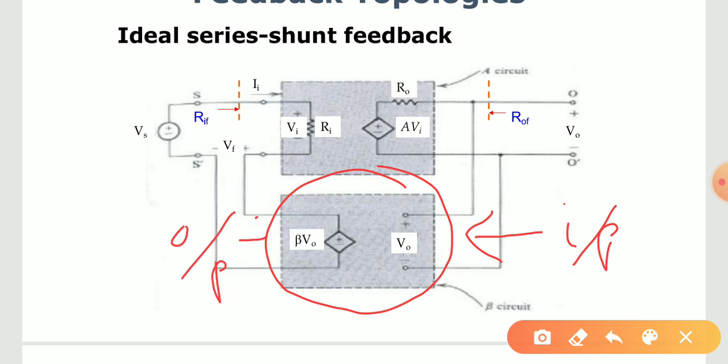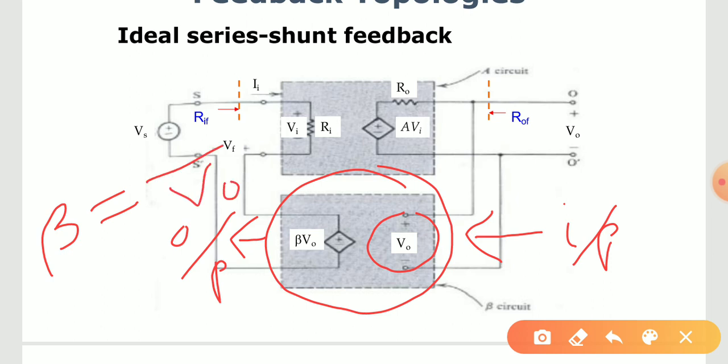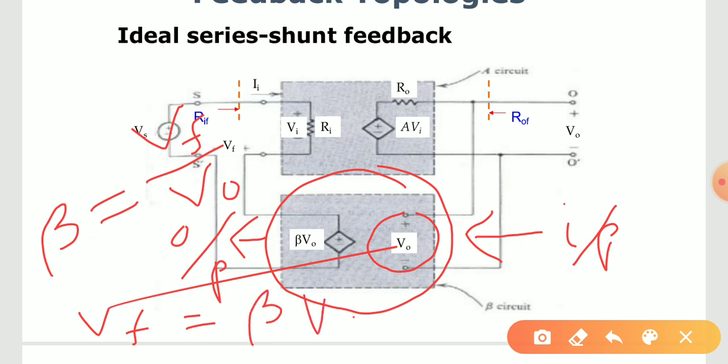From here the output comes out. So if you want to get the ratio between output and input, the beta is equal to which one is the input there? Obviously the V0. So you have to put V0 as the denominator, and the output is V of F. So V of F is equal to beta into V of 0.